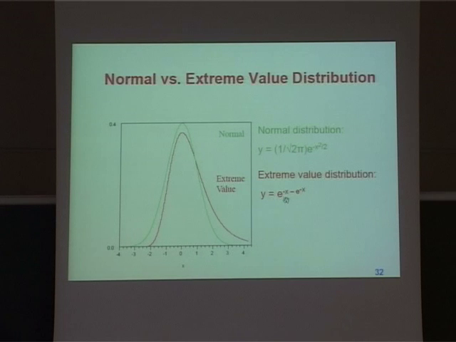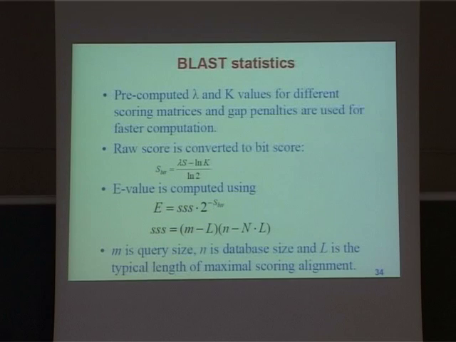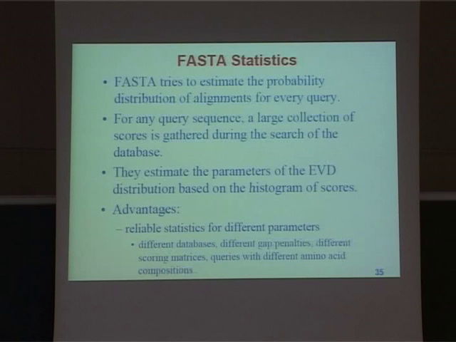So this is the extreme value distribution, but it's a parametric distribution. Based on different X values, you can have a wider extreme value distribution or a narrower one. So they try to estimate the parameter X based on the histogram of scores. So it's completely an empirical way of computing the e-value.